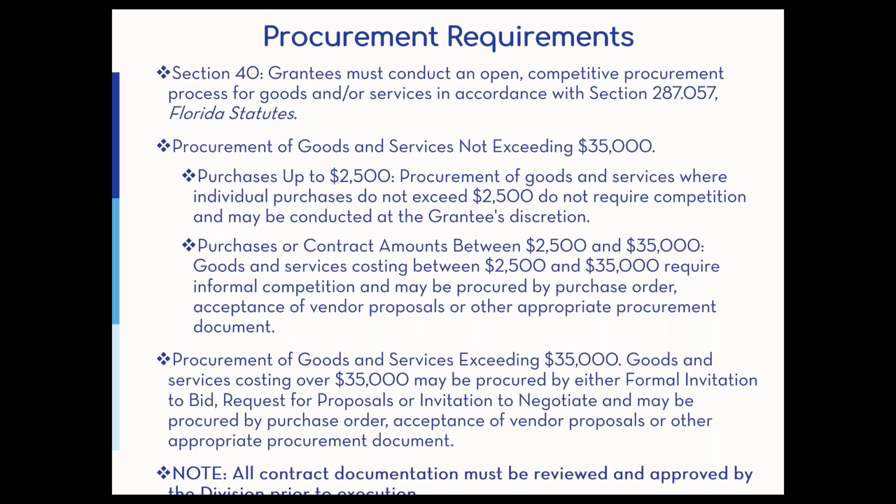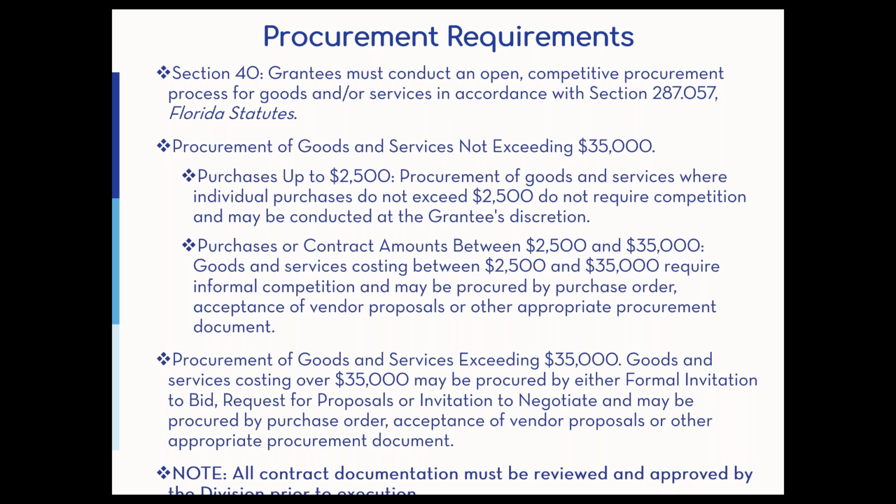So we have procurement requirements in the grant award agreement. These are stipulated by the state of Florida. It's in statute. So there's procurement of goods and services that are under $35,000 for small purchases up to $2,500.